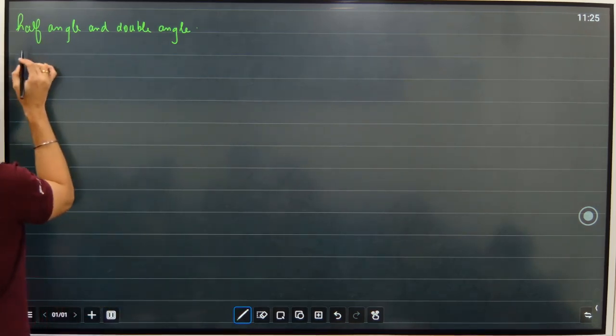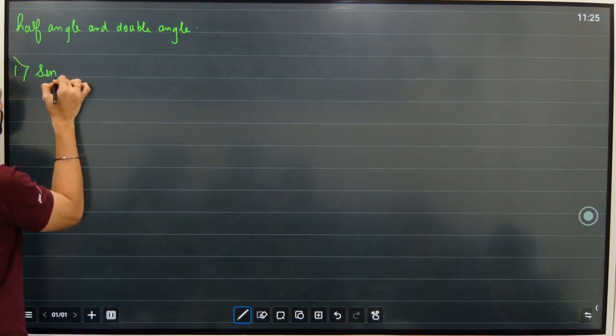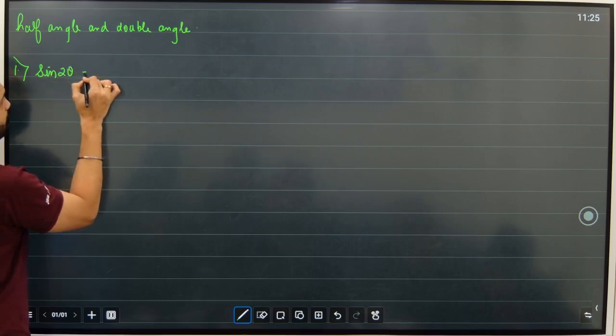For example, if I start with the first formula, that is sine 2 theta.